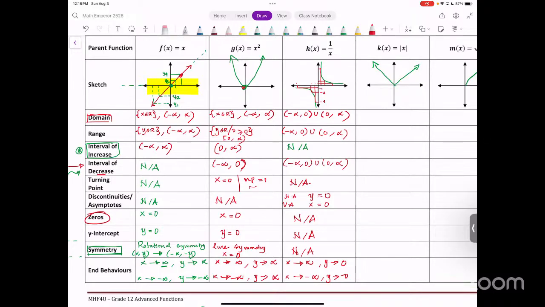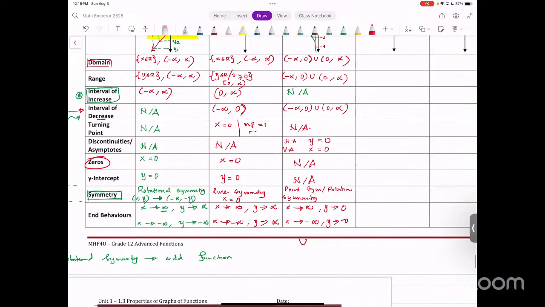So this one has a point symmetry, or rotational symmetry. Let me explain why it has point symmetry. Think about the coordinate 1 comma 1. We do have a coordinate negative 1 comma negative 1, isn't it? Because it's 1 over x.